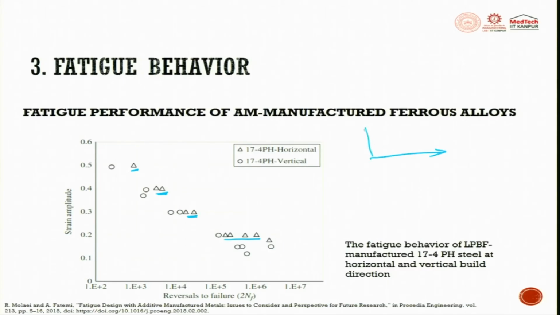Along the horizontal and along the vertical, they have accumulated the strain amplitudes. In the experiment, they try to see what is the strain it can take, and then you get the output. So, if you see up to 10 to the power 4, it is almost the same, right, and afterwards you can see that in the vertical direction there is a reduction, whereas in the horizontal direction there is a slow reduction.